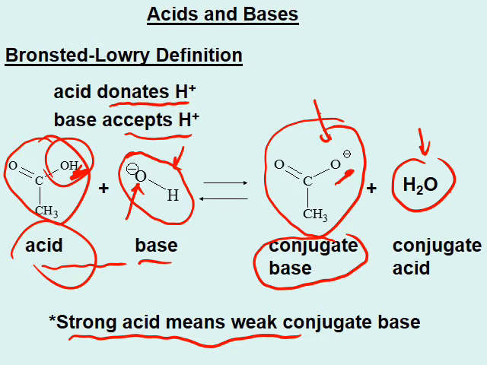So if I have a strong acid which shows a great tendency to donate H+, it would give a relatively weaker conjugate base. So keep this in mind: a strong acid means a weak conjugate base, which means a compound that doesn't like to grab H+, doesn't like to hold on to H+ that strongly.